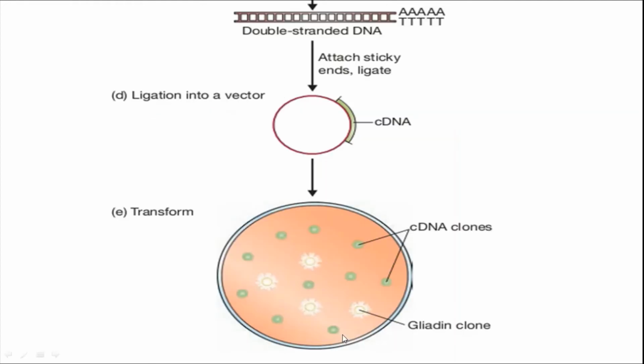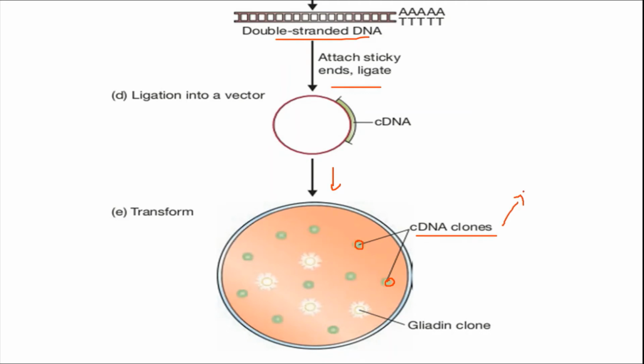The double-stranded DNA is then attached to the vector to transform. In the next step, these cloned genes are identified by DNA hybridization.